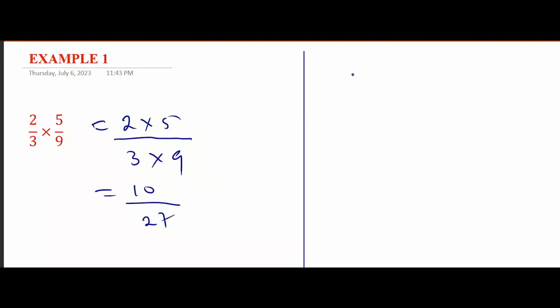So let's have an instance here: 2 out of 3 by 5 out of 9. You check, is there a number that can go in 2 and 3? That is how you check. You also come to the second one: is there a number that can go in 5 and 9? So that's the second one you can check.